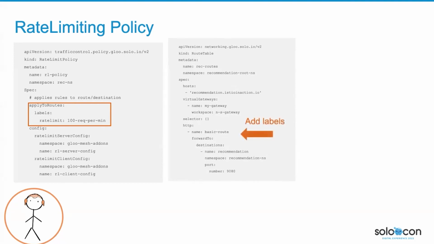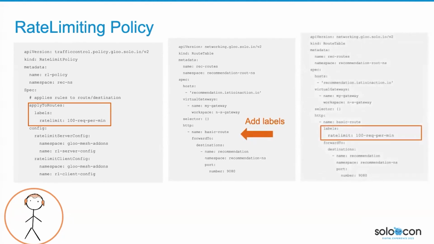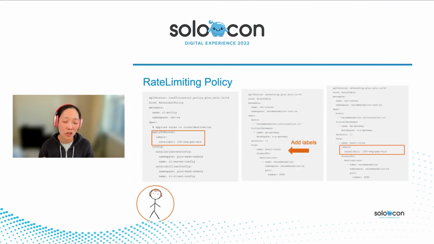It's actually really simple. The only thing you need to do is add the labels to the route table to match the apply-to-routes label in the rate limiting policy. As you can see, this is really, really powerful to allow developers to pick up rate limiting or any other policy just through simple labels, because everybody understands labels in Kubernetes.